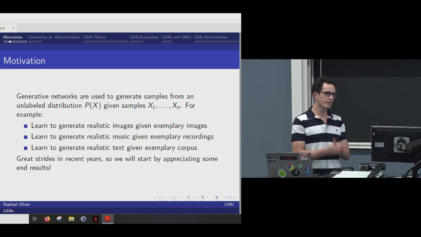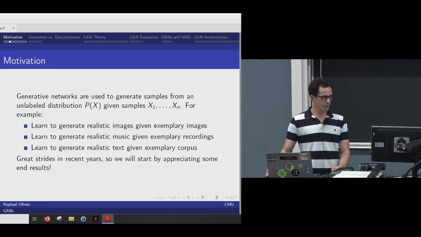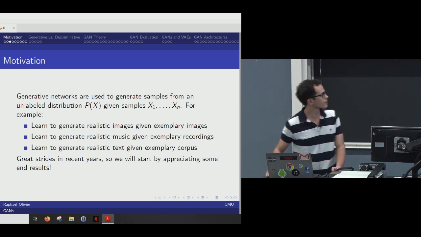You can give it music from a specific musician that you like, and it's going to learn to mimic the specific style of this musician. So that's the kind of very cool things that we can do. It works with pretty much every modality, from image to video to audio to text. Today we're mostly going to focus on images because it's easier to display on a PDF.